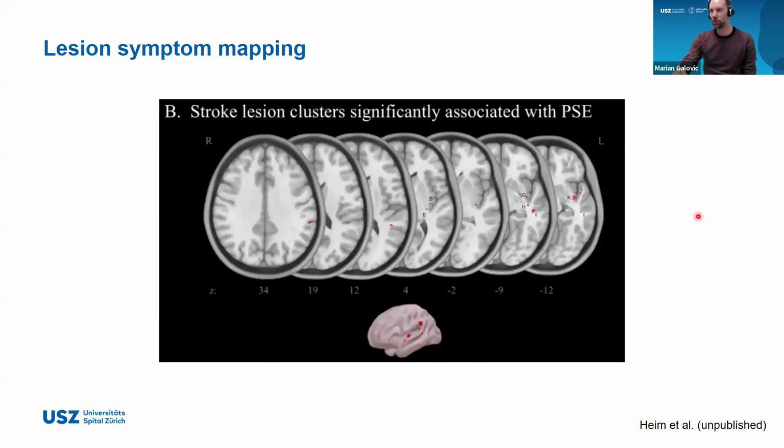We tried this also in our data set, and you see a couple of small clusters here and there. These were located mainly surrounding the insula and temporoparietal cortex on the right. But overall, these clusters are very small, and the effects were quite low.